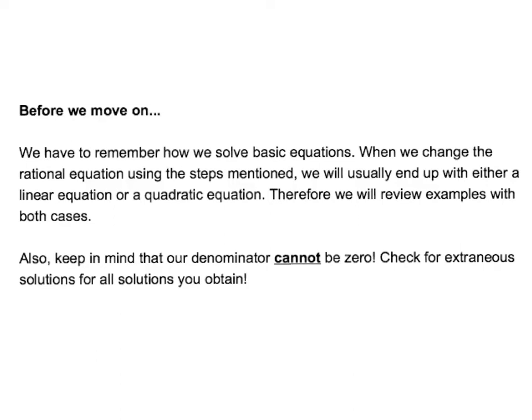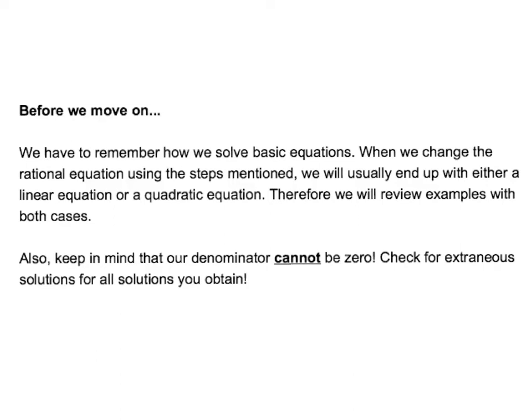For linear equations, we know that we just want to get the variable by itself. For quadratic equations, we want to get everything on one side so that it's equal to 0, and then we can use other methods like factoring or completing the square to solve the equation. So we'll review some examples that require both of these cases.